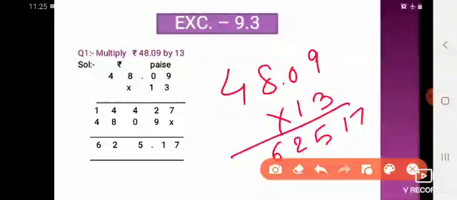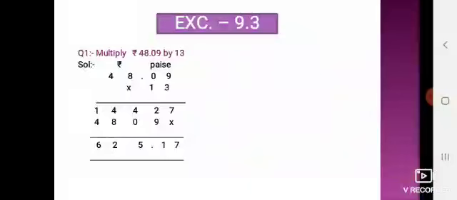If we put the decimal, you can see we are having 2 digits in the decimal part. So we'll put the decimal after 2 digits in the product. Our answer is 625.17, or we can say rupees 625 and 17 paise will be our answer.